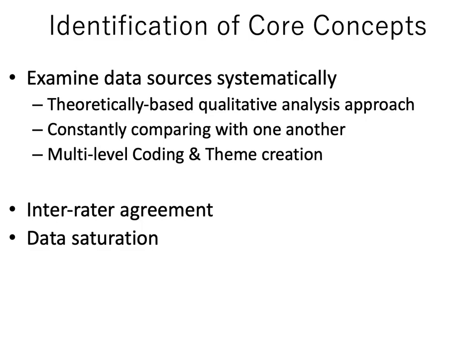In addition to inter-rater agreement, you should document data saturation, or the point at which no new codes are created from your data. That point when you're looking at your findings and you really can't get anything new from them.